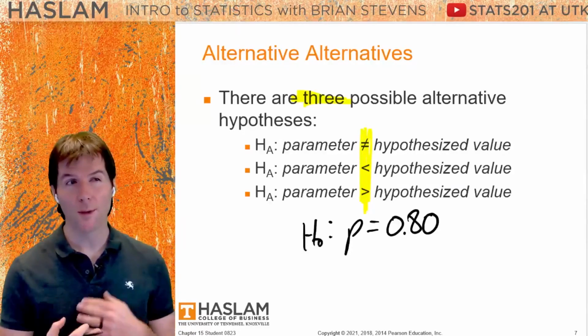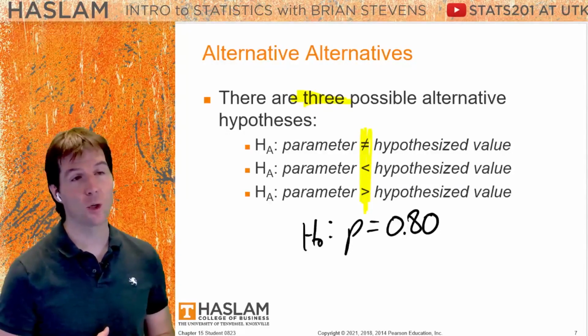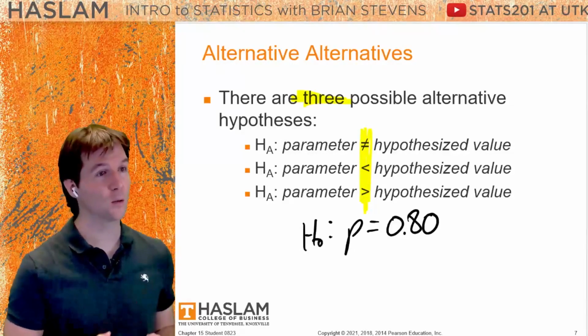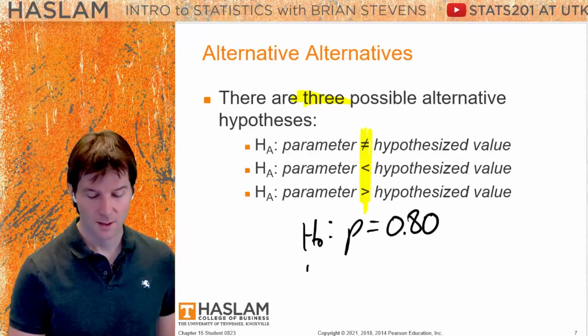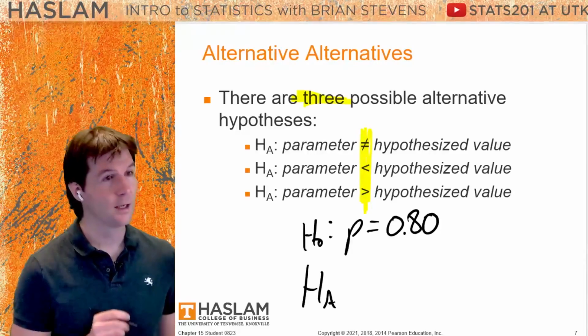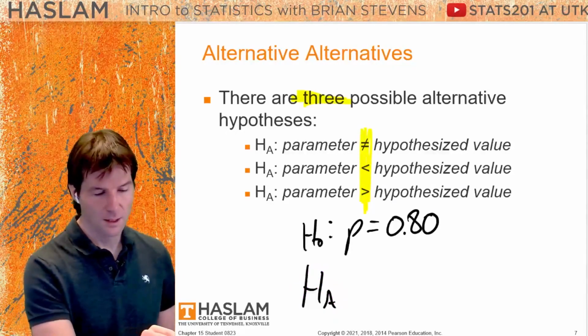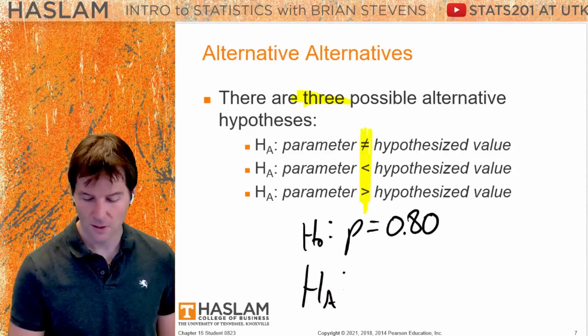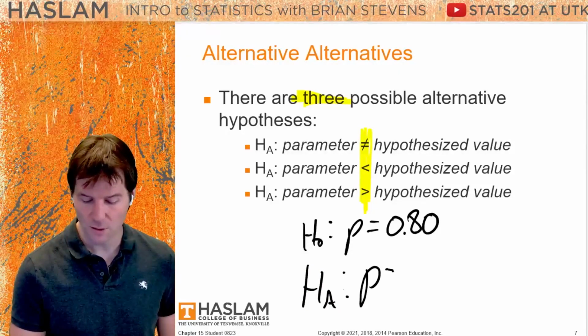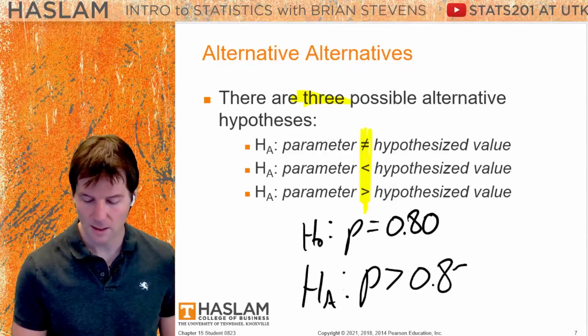So what would I want the alternative's sign to be to show evidence that love for Taco Bell has increased? Well, the alternative hypothesis, that's how H sub A is read, is I wish to show evidence for the true proportion of UT students that love Taco Bell increased.